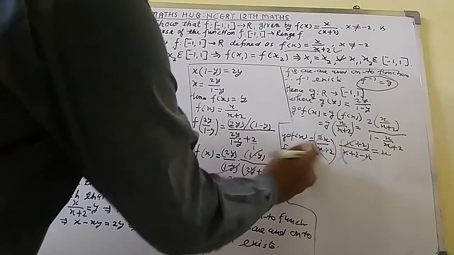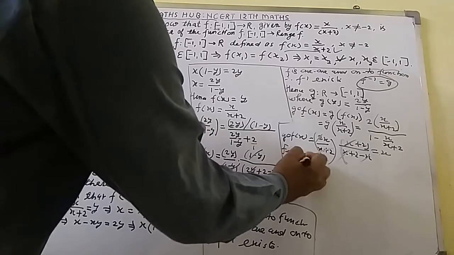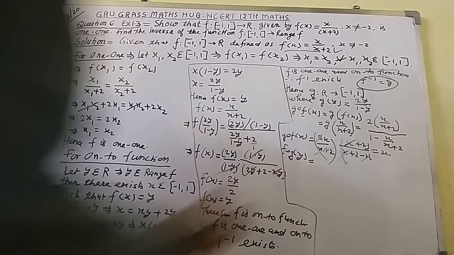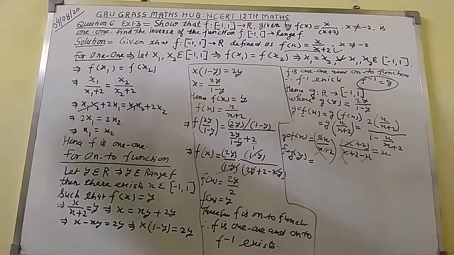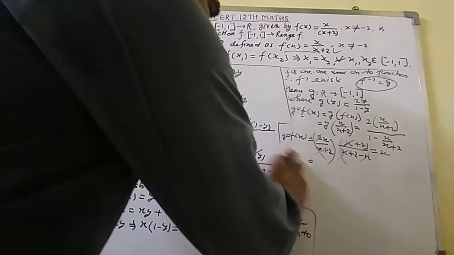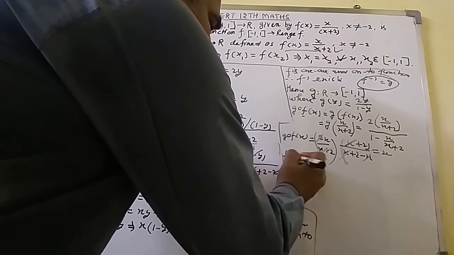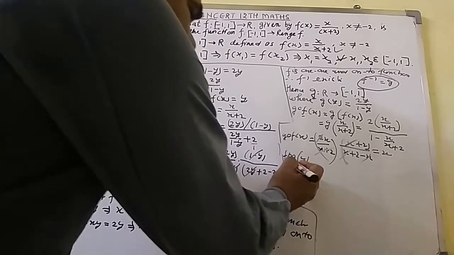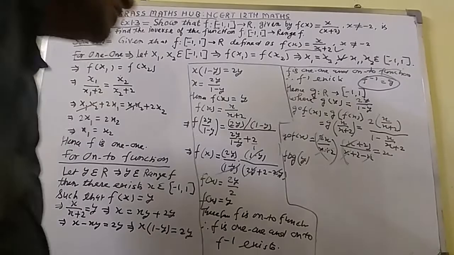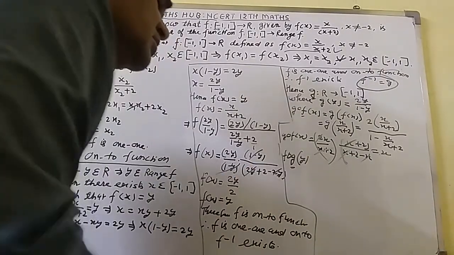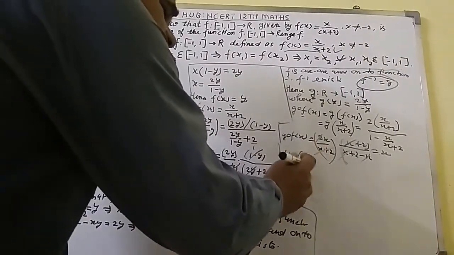Similarly, you will prove f of g(y). So what to do here? Write f of g. In f of g, the last letter is g, and g is related to y, so write f of g(y).